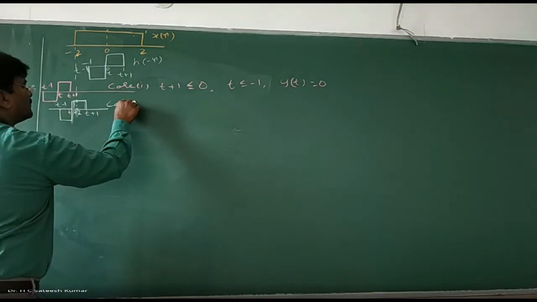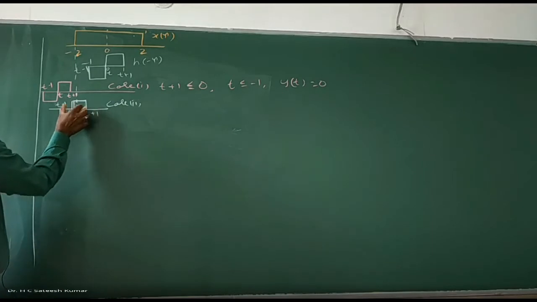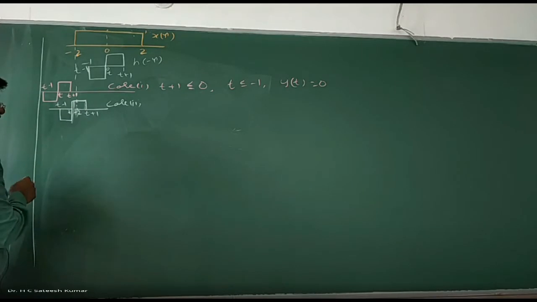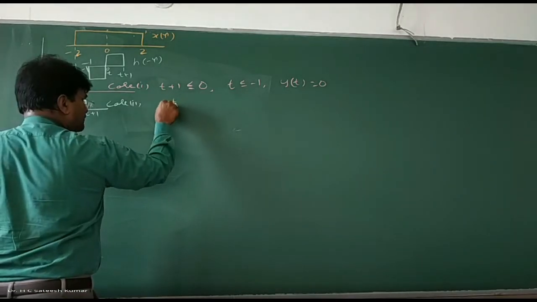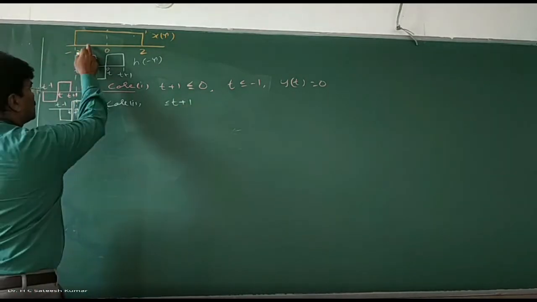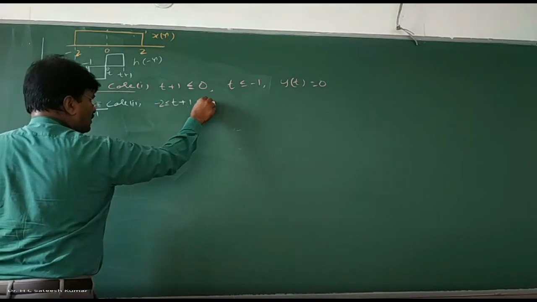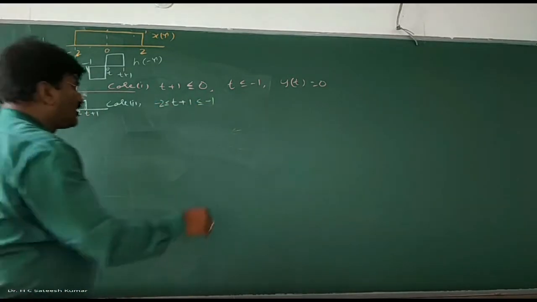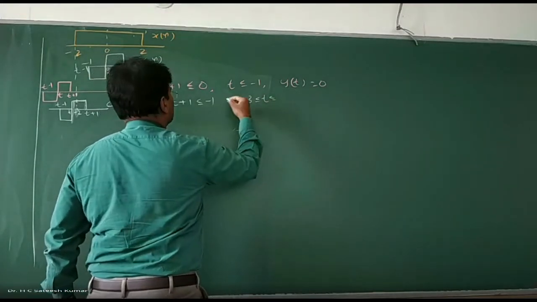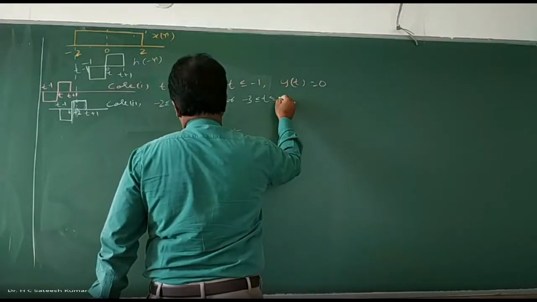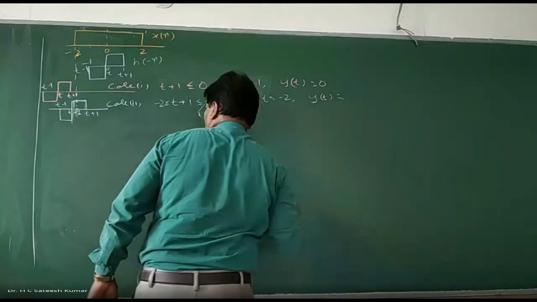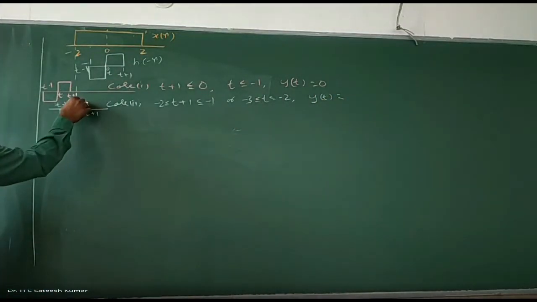Case 2. The width of this one is 1 unit, the width of this one is 1 unit. Until 1 unit gets overlapped, this area goes on increasing. Case 2 is nothing but t plus 1 lies between minus 2 to minus 1, or t lies between minus 3 to minus 2. y of t is equal to the overlapped area, which is this much.